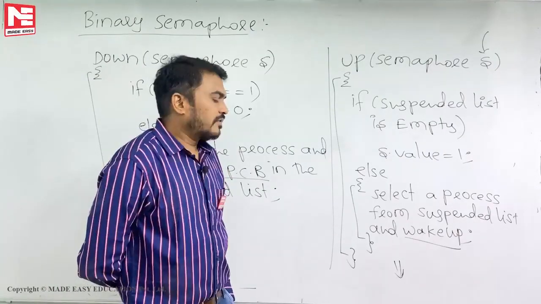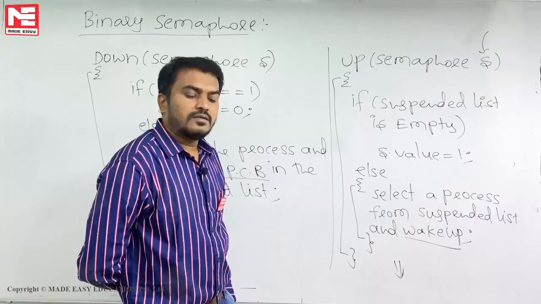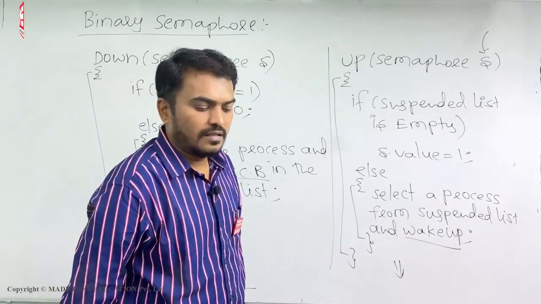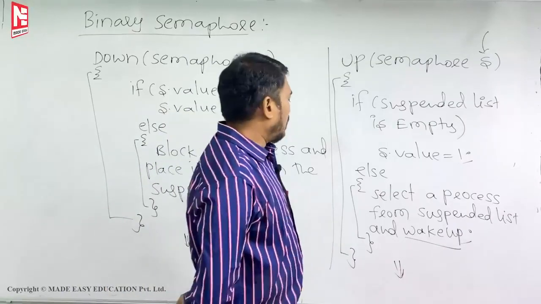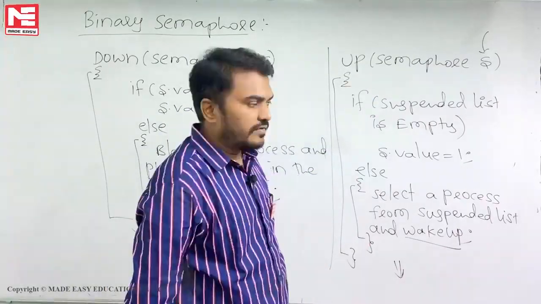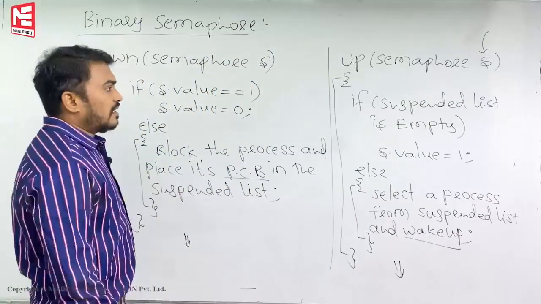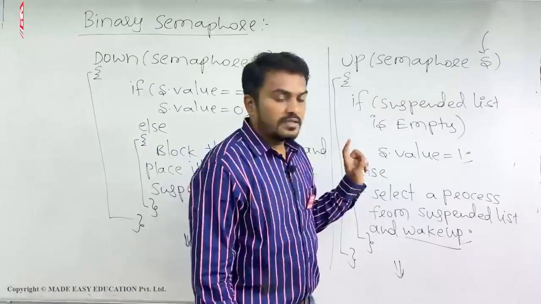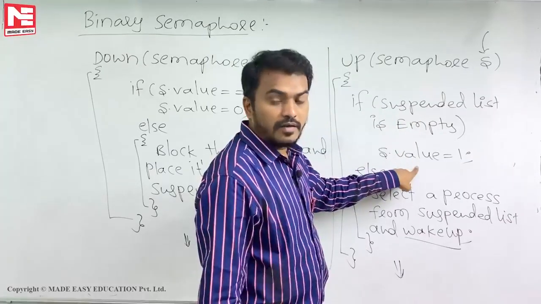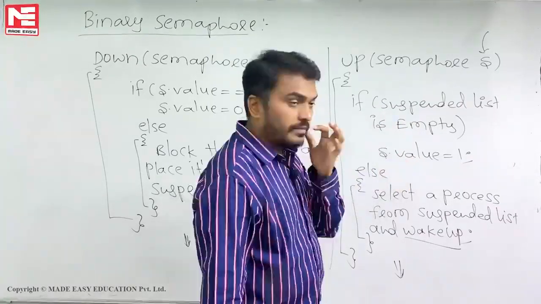Understand here, that is about the up operation. Is the point clear for everyone? There is one more important point. In the up operation, if the suspended list is empty, then only you make the semaphore value 1. You should remember that carefully.